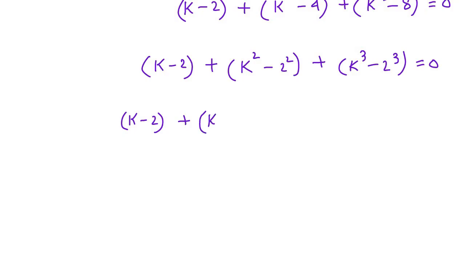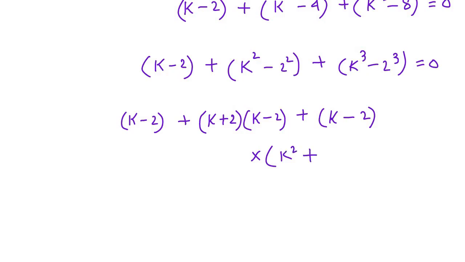We can write k plus 2 times k minus 2 plus, we can apply the cube formula, a cube minus b cube, and we can write k minus 2 times k square plus 2k plus 2 square, which means 4, equals 0.